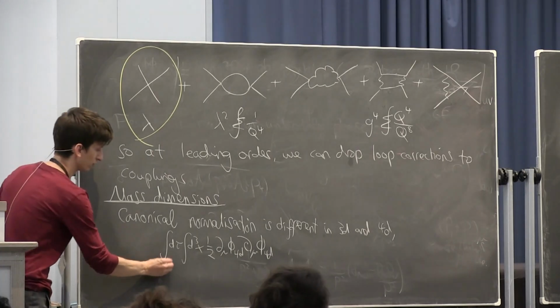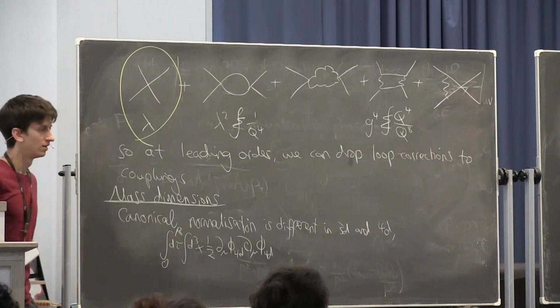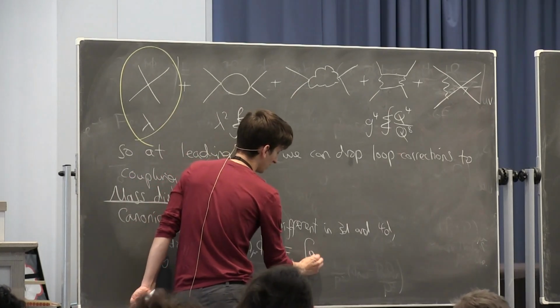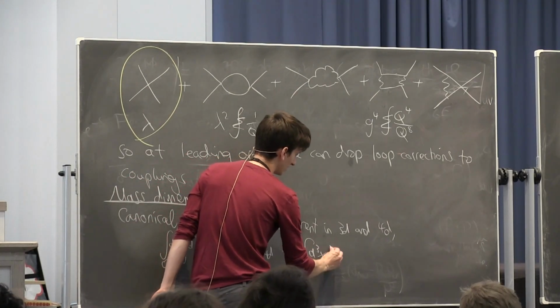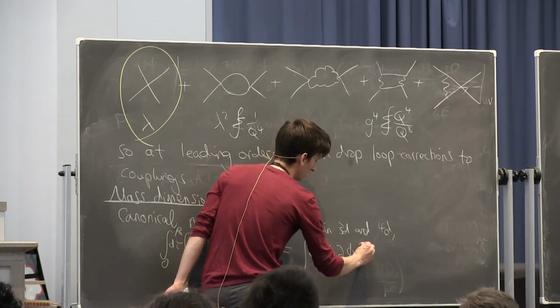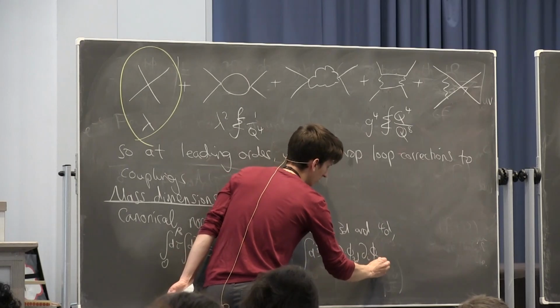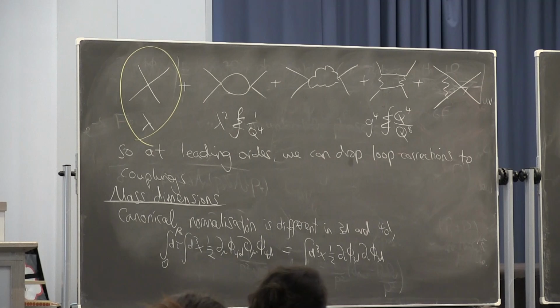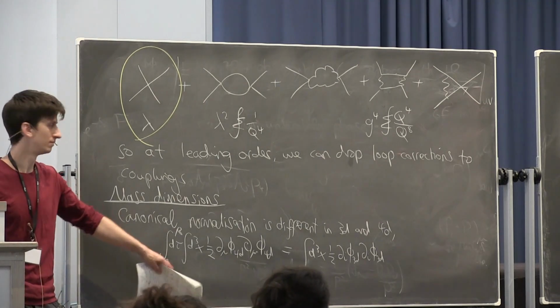Where I have my integral from 0 to beta. But in 3D, if I want the thing to be normalized the same way, I don't have a beta, because there's no time integral.